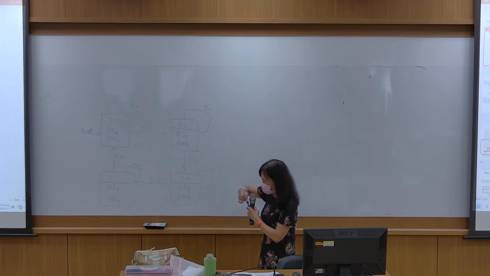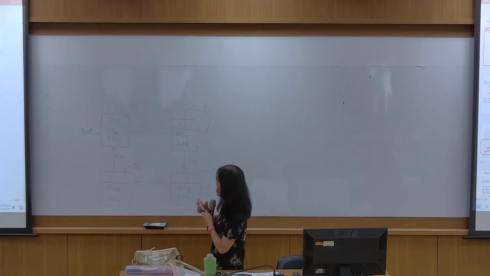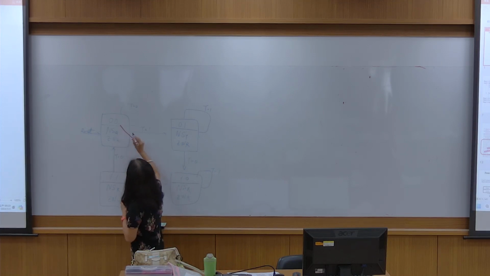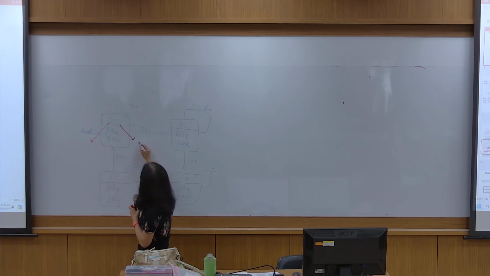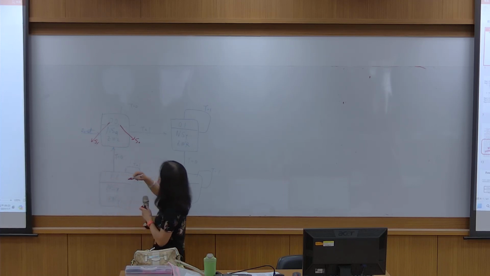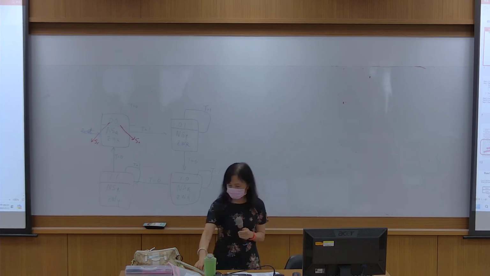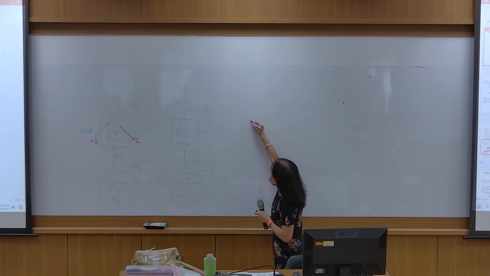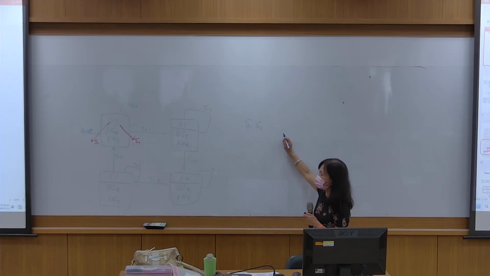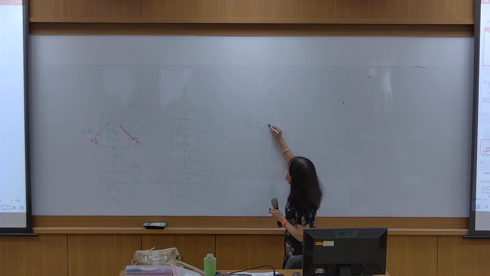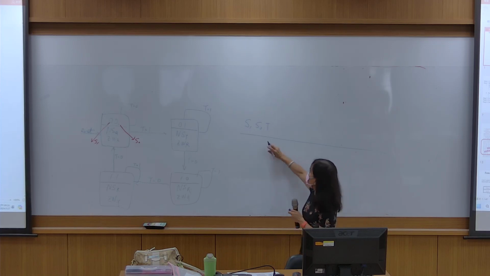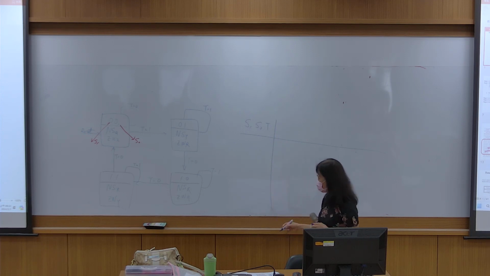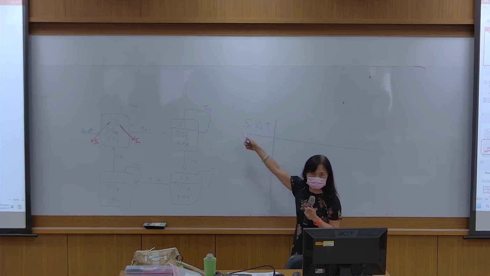If we wanted to use truth table to describe it, let's set it as state, S sub 0, S sub 1. We add an input, time.